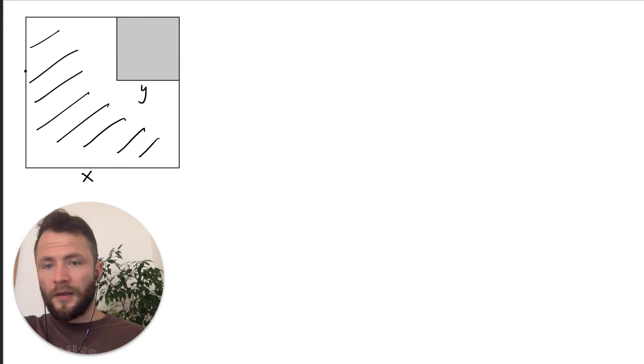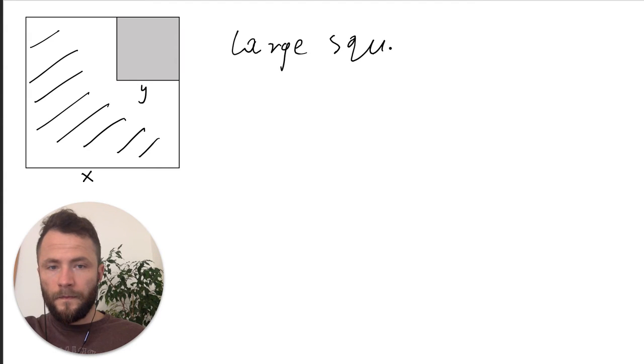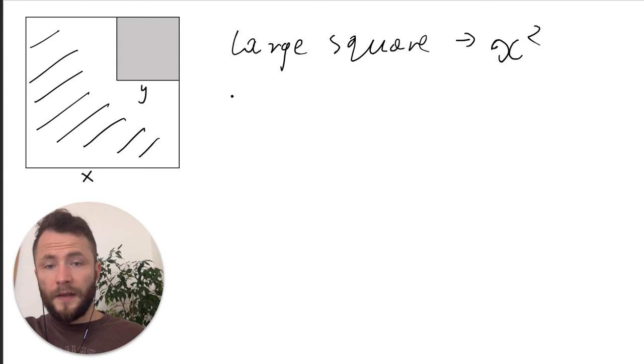So the area of the large square is x squared, and the small square area is equal to y squared.